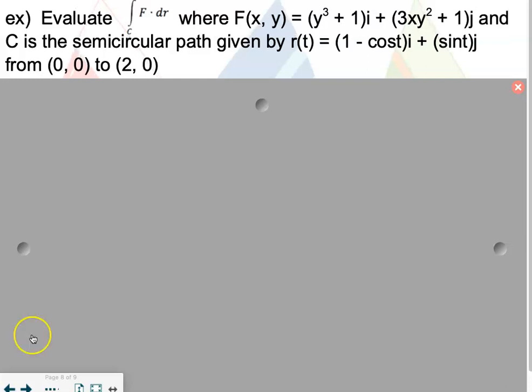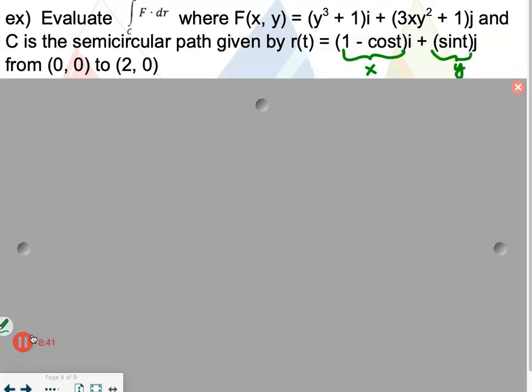So take a minute. Just for the video's sake, I'm going to walk you through the three possible ways you can do this problem. So way number one is to go ahead and just do f dot r prime, right? If you just do f dot r prime, then you have to rewrite your f, where if this is your x and this is your y, you'd have to replace this.